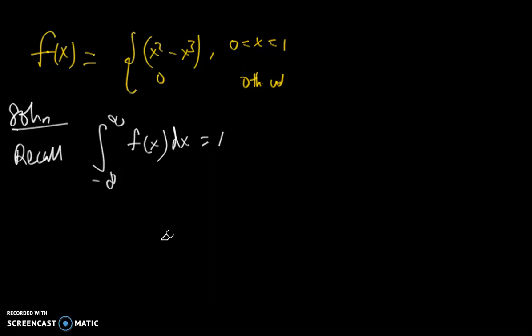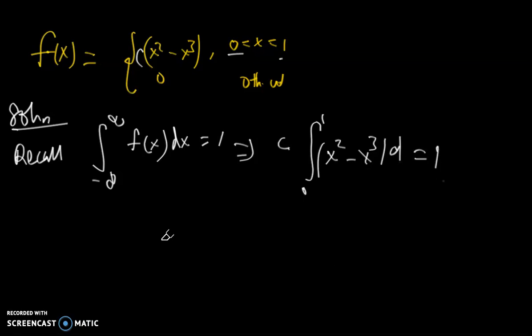Given that there is a c here, don't forget that. This will imply that c times the integral from 0 up to 1 of this function, x squared minus x cubed, must be equal to 1.